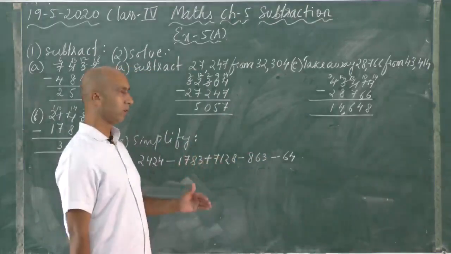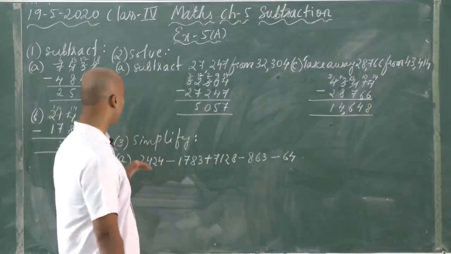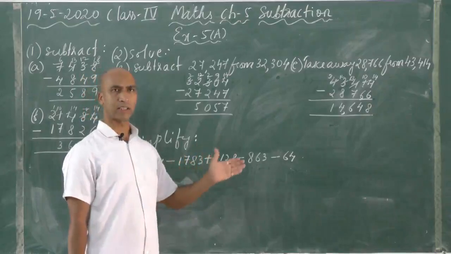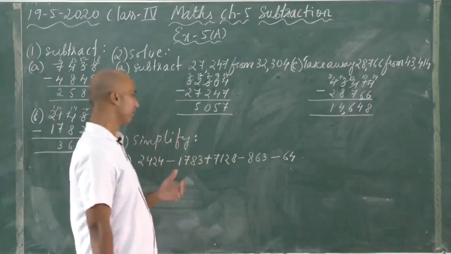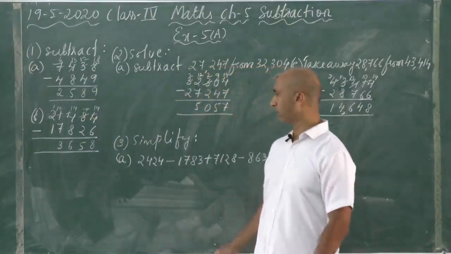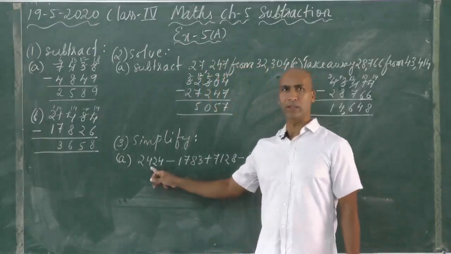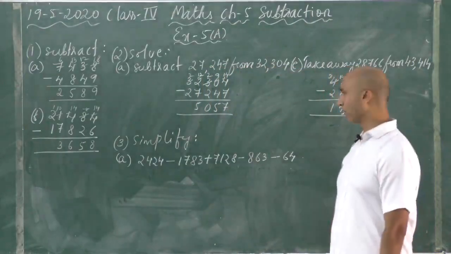Or what you do, you will arrange it. When you arrange it, the plus number will be written first and then the minus number, and then accordingly you can go subtracting. So always the first number, that is an addition number, the plus number, will be added, and the number which has a plus sign before it will be added.